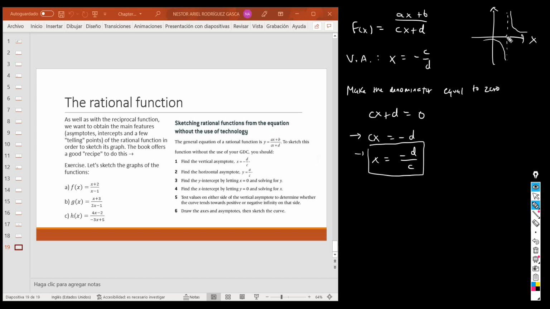So you should look for a specific value of x in the x-axis, for which the function explodes to positive infinity or to minus infinity, right? And how can you make that? How can you cause this function, which is all of this fraction, to go to infinity?